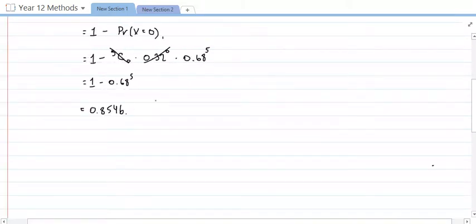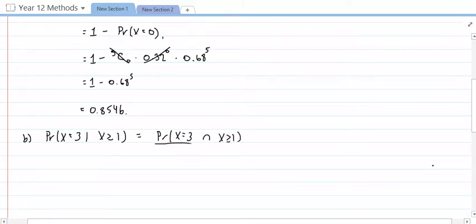Righto. So, in part B, we're looking for the probability that X equals 3 given X is greater than or equal to 1. So, that's equal to the probability of X equaling 3 intersection X greater than or equal to 1 divided by the probability that X is greater than or equal to 1, just given from the conditional probability rule.